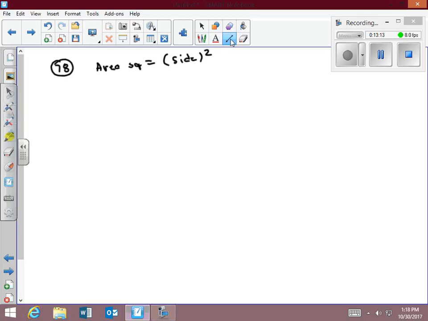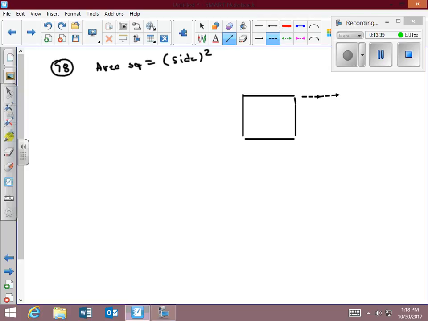So then a picture. If you notice I've been drawing pictures, that's fairly important to do. So I got my original square, and then they said they extended it 5 inches, so it goes out there 5 inches and it goes down there 5 inches.